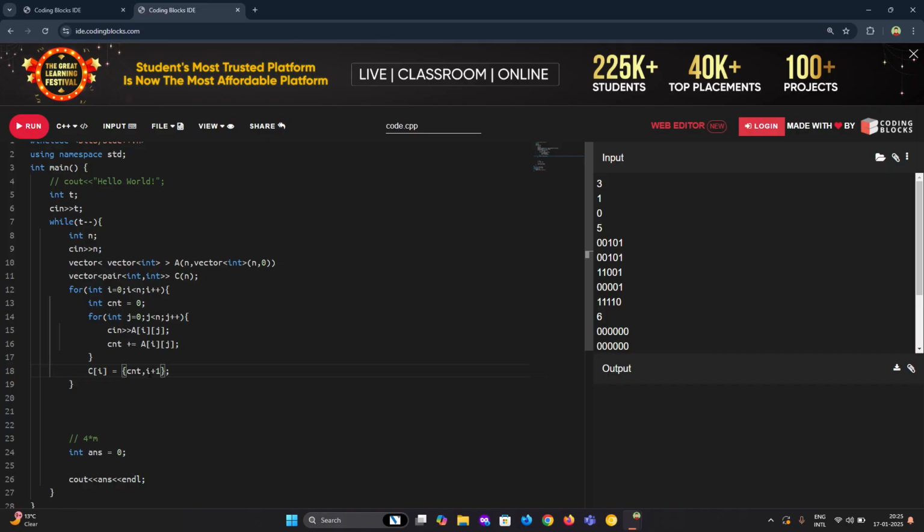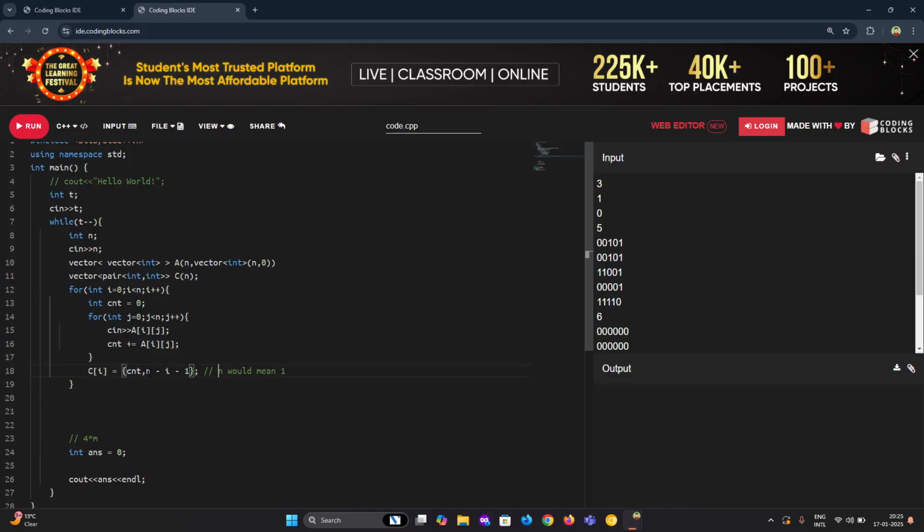So what I'm going to do is I'm not going to store i plus 1, instead I'm going to store n minus i. Okay, so n would mean 0 or 1. n minus i, n minus i minus 1 or plus 1. Minus 1.